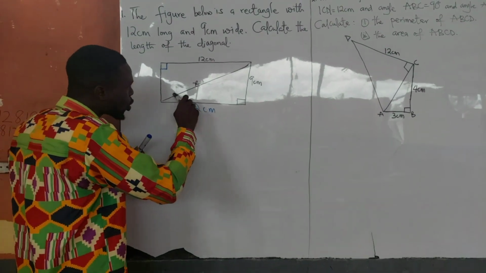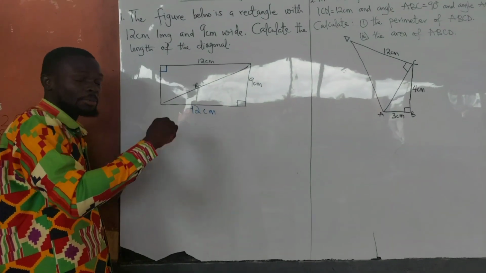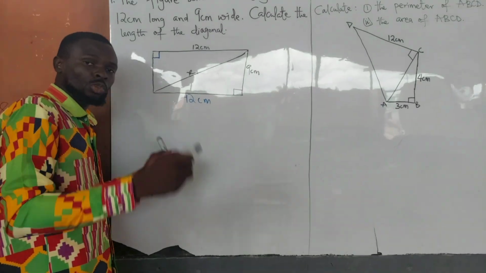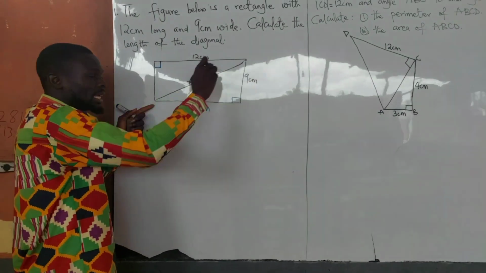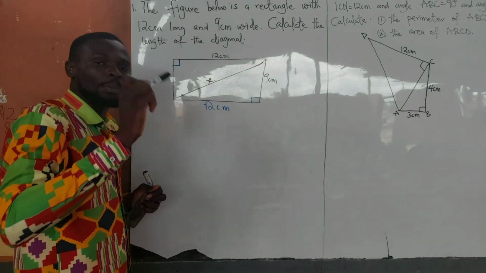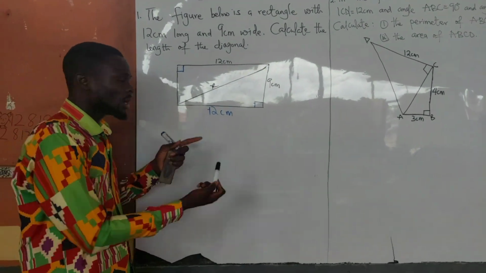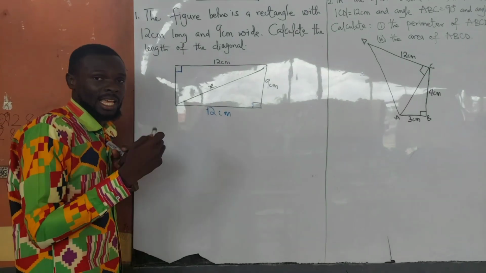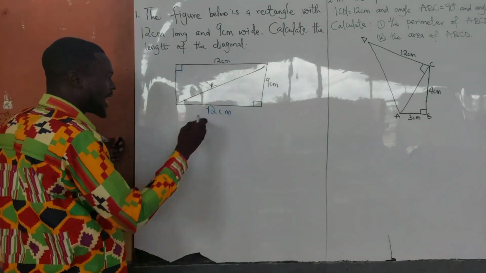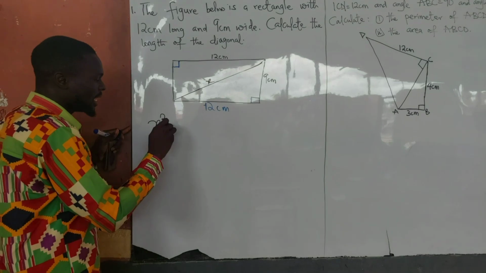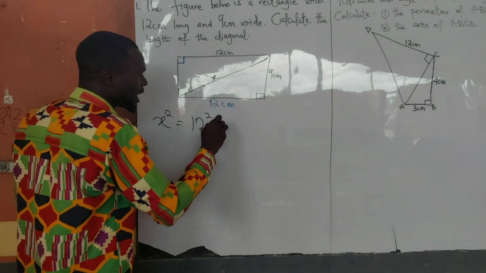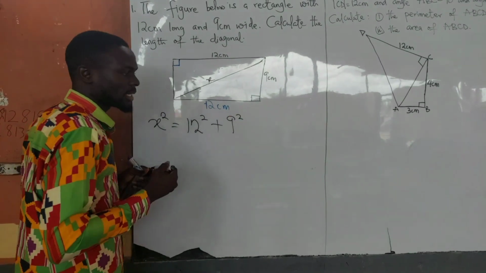Now this gives me a complete right angle triangle for me to solve for what? The diagonal. The diagonal becomes the what? The hypotenuse, which we explained, the longest side is always the hypotenuse, while this side becomes the opposite and adjacent. So if I want the diagonal, I can say x squared is equal to 12 squared plus 9 squared.